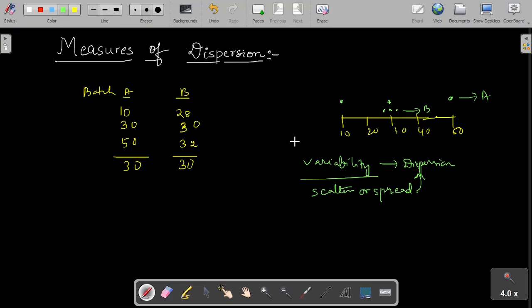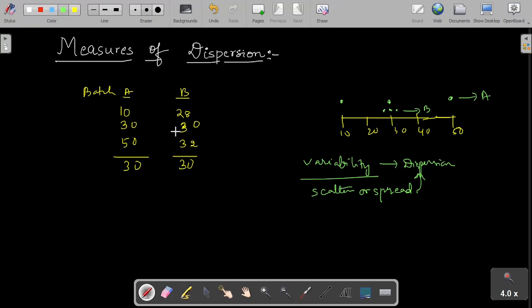We need to find out how the data is scattered or spread with respect to the central value. Variability in the data is called dispersion, and how to find out the dispersion is called measures of dispersion. There are different measures to calculate the dispersion. So this is the significance of having the concept of dispersion in statistics.